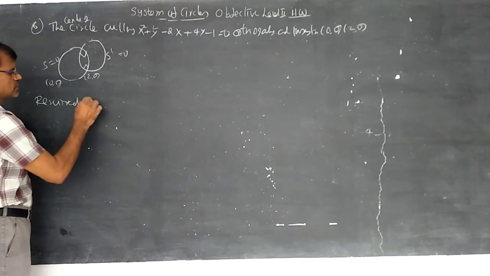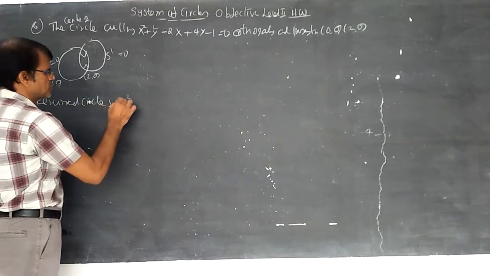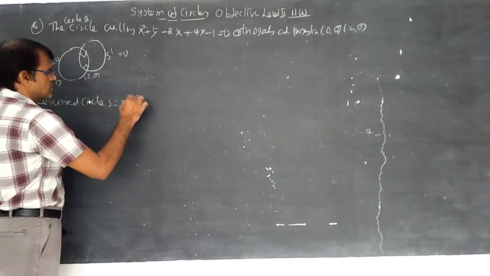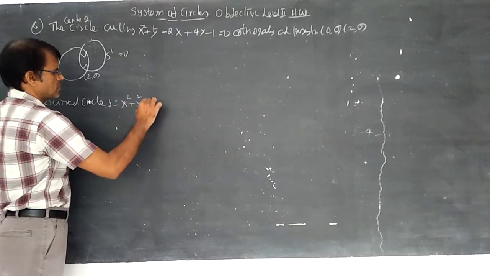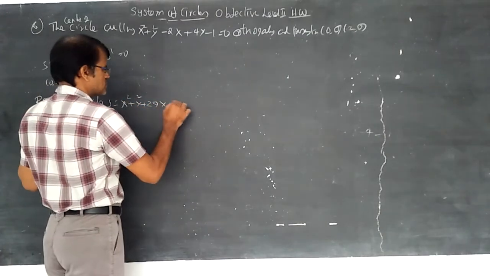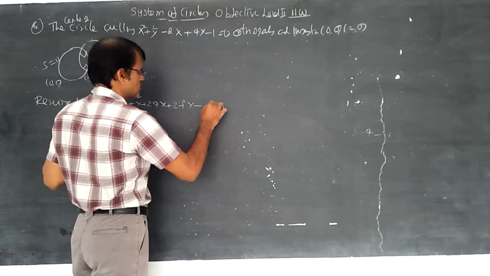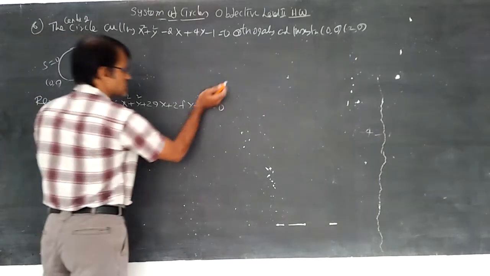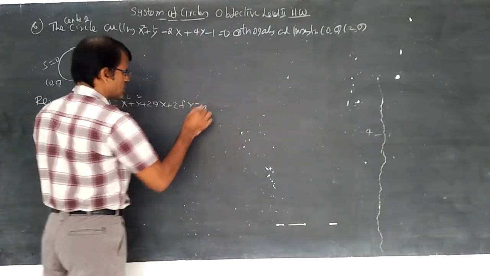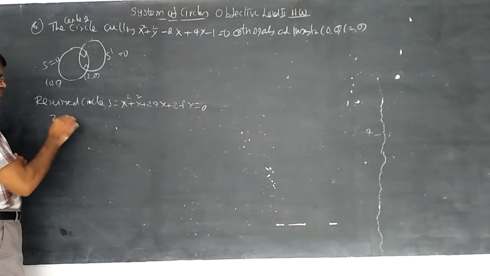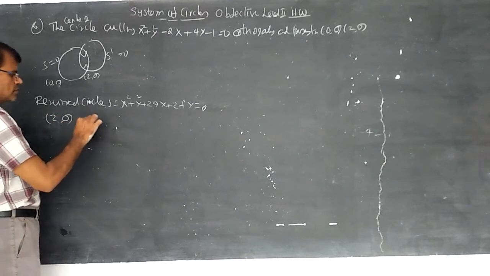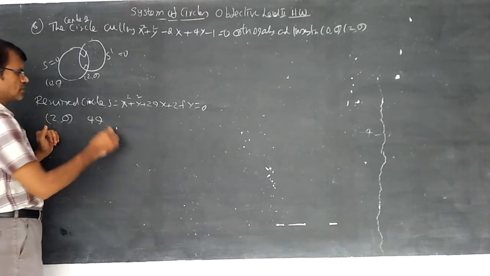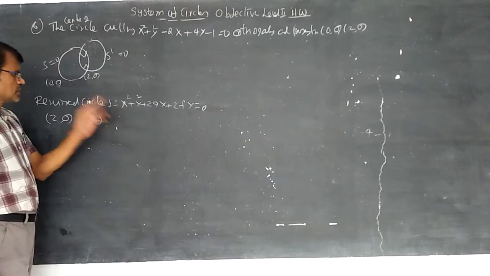Let us discuss the required circle equation as x square plus y square plus 2gx plus 2fy plus c equal to 0. It is passing through 0, 0, so no need to put c. Substitute the value 2, 0 here, then you will get 4g plus 0 is equal to 4.